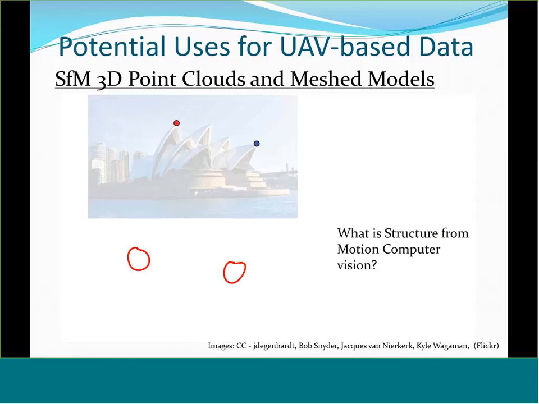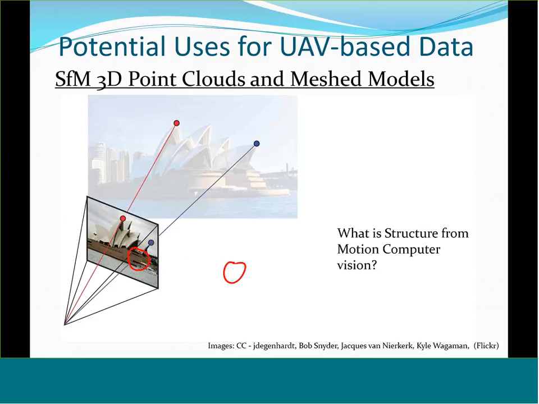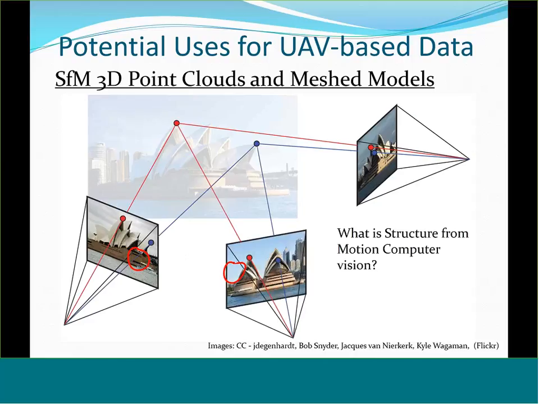The algorithm can then back calculate, recognizing these same objects in different photographs, the third dimension and where the camera was in 3D space relative to the object being photographed. And once we have that third dimension, we have the ability to create 3D point cloud models.